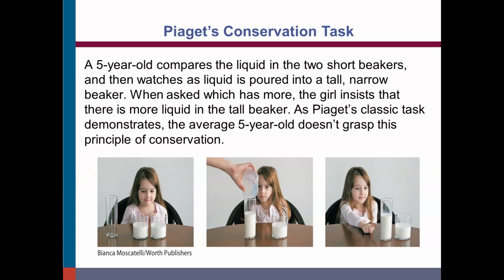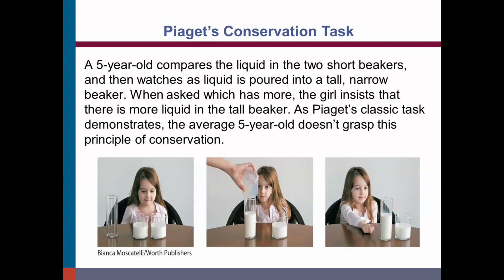Okay, so you may have noticed on the previous slide, I skipped ahead a little bit, but after we talked about irreversibility, we also talked about how, cognitively speaking, children tend to engage in what Piaget called conservation as well. And that's because their brain, especially their prefrontal cortex, isn't developed.